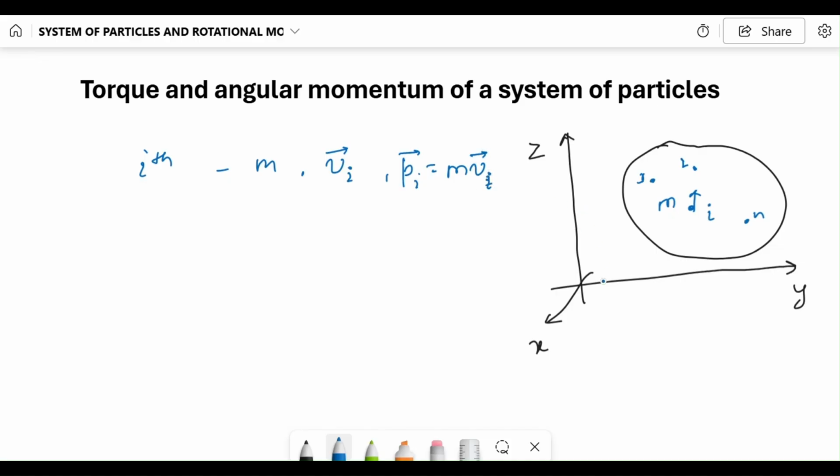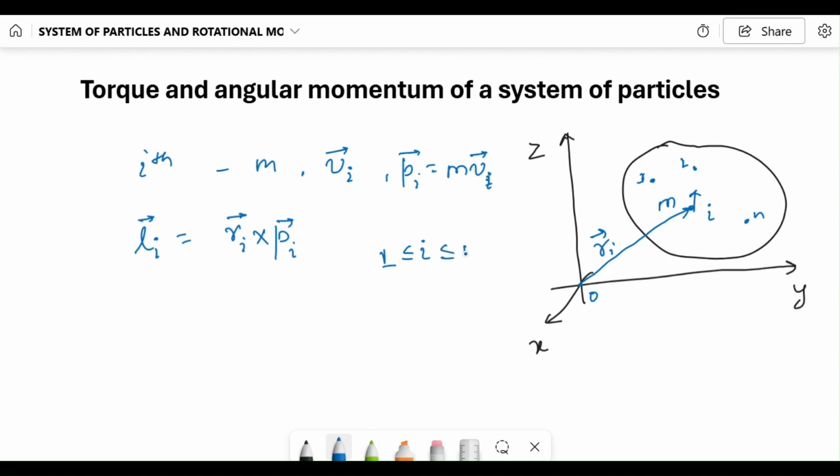And if the position vector for this ith particle is ri, and this is the origin, then the angular momentum for this particle can be defined as L equals r cross linear momentum. I am writing the index i for the ith particle, and here i can vary from 1 to n.